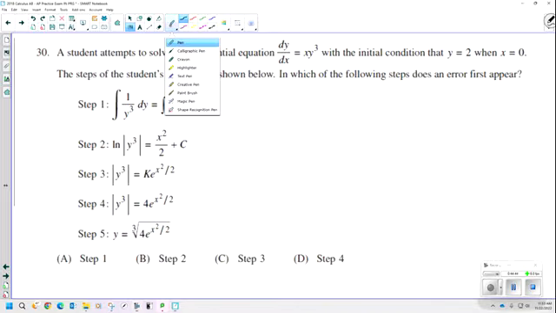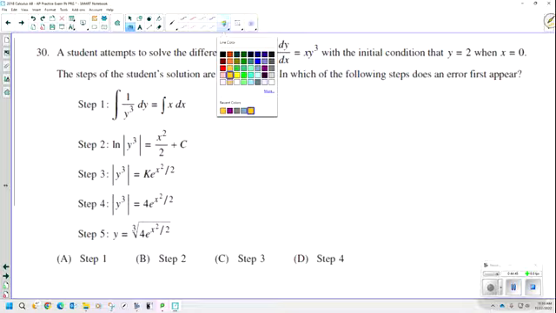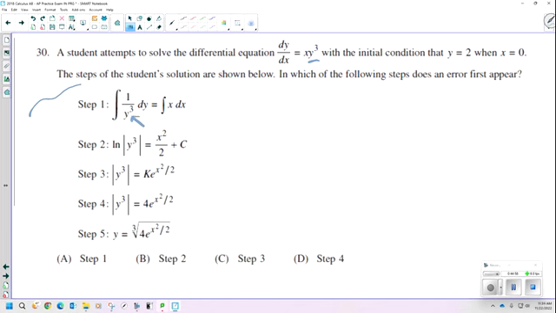All right, let's go here. Let's end with something nice. Let's go with this nice soft blue. Okay, so first of all, they divide both sides by y cubed. That's why you got this with the dy. And then they multiply both sides by dx. So we have x dx.